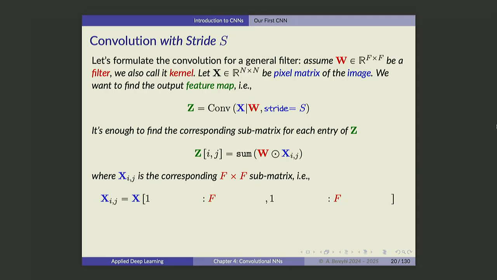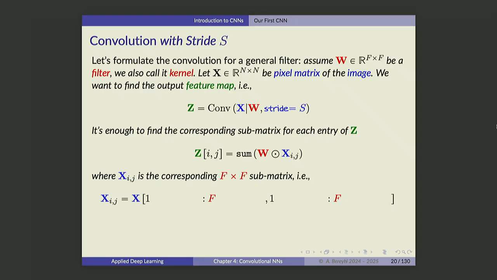Now, the thing that I did was with a stride of 1. If I have a general stride s, what's going to happen? The first time I start from 1. The second time I'm going to start from s, right? And the third time I'm going to start from not 2s necessarily.